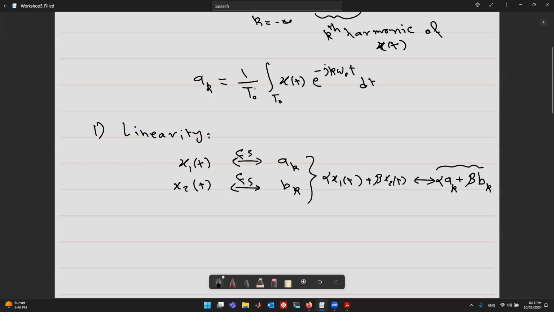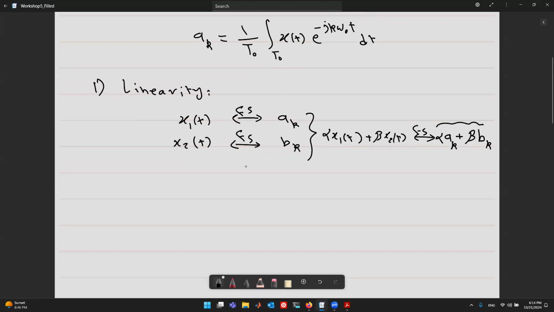So the Fourier series coefficients for the summation can be obtained from the Fourier series coefficients of each of those two signals. So we have linearity, superposition and homogeneity, similar to what we did when we were trying to see if a system is linear or not. So here we can do it similarly.